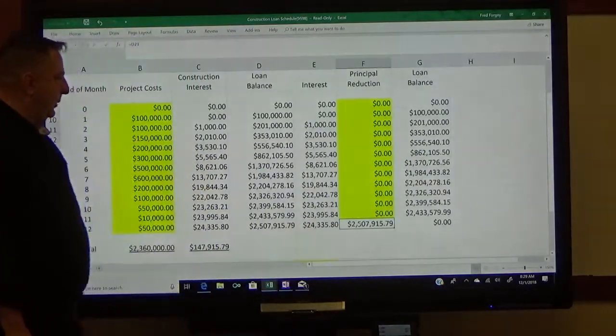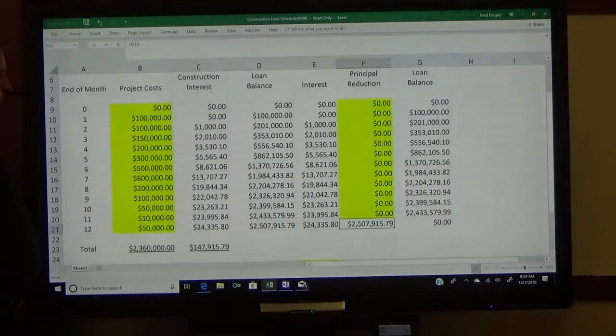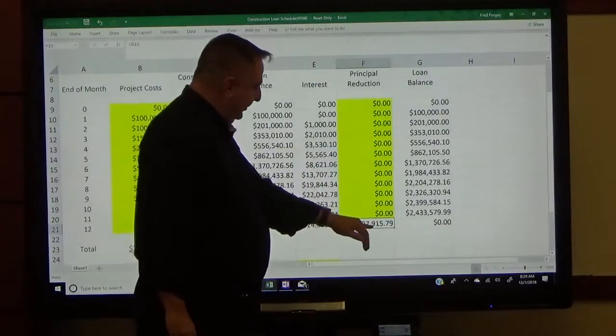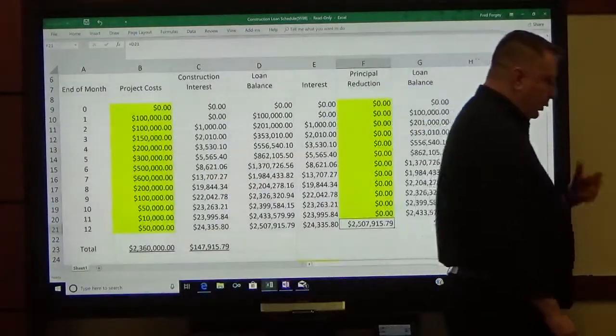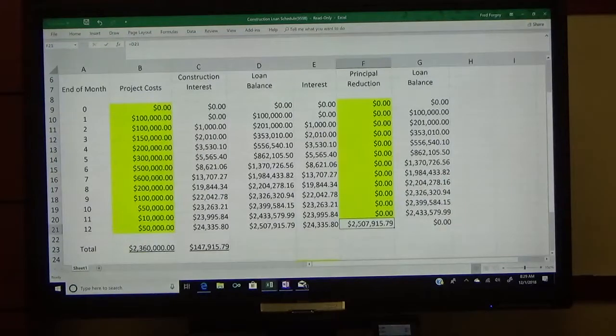As a matter of practice, would the takeout loan typically be for the full balance? Yes. Normally at this point you're going to have an agreement with a permanent lender, and many times your construction lender is not going to be the same lender as your permanent lender.